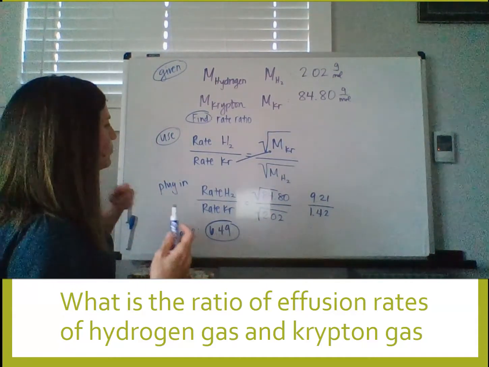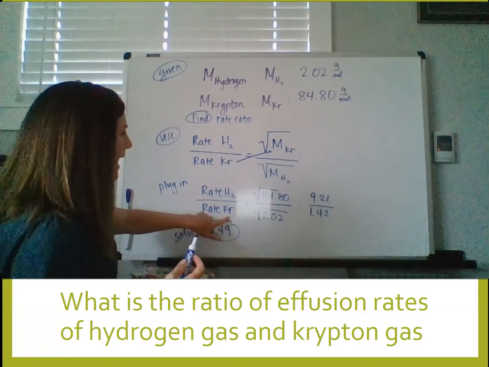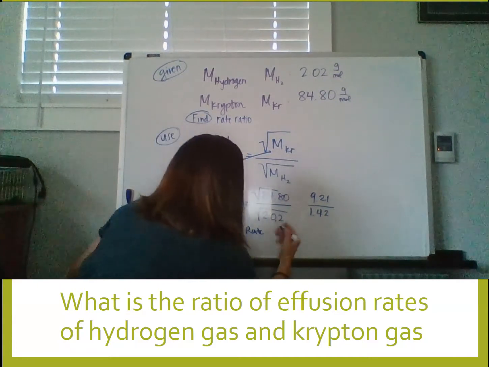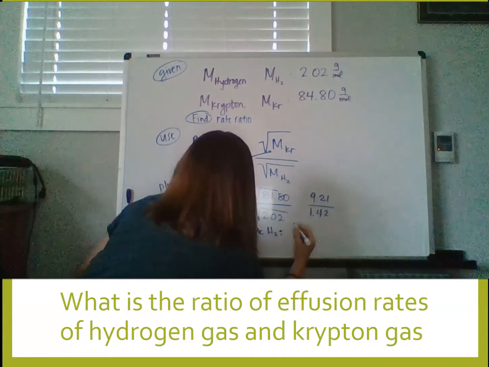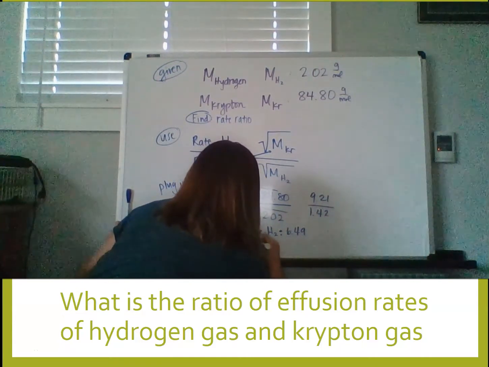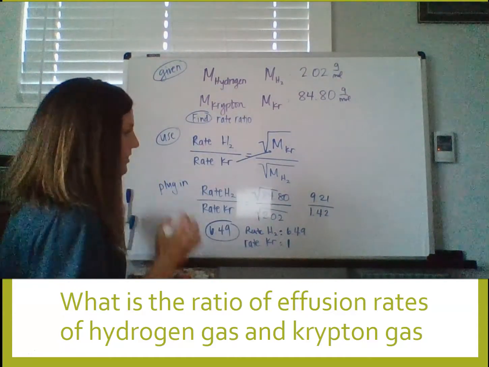is the hydrogen compared to krypton at 1. So the rate of hydrogen is 6.49 compared to the rate of krypton, which is 1. And this is why I told you to put them in that order.